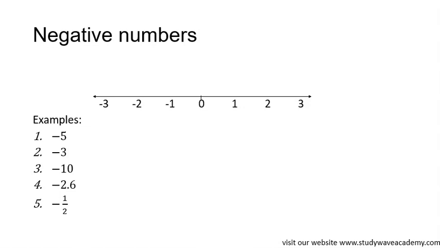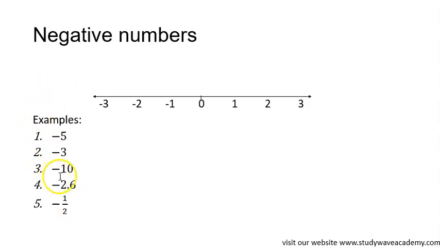Negative numbers represent values less than 0, okay? They are often used to describe situations like debts, losses, okay? So these are negative numbers. They are less than 0, which is -1, -2, -3, and it goes on and on, -4, -5, -6, on and on, -100, -99, okay?